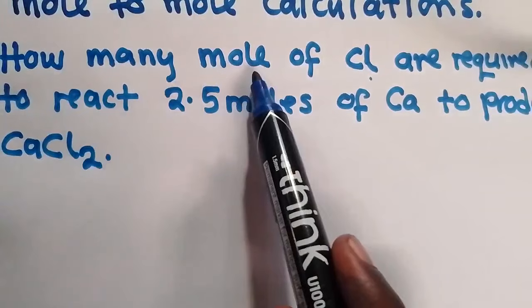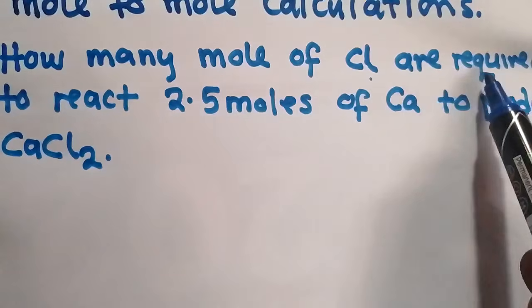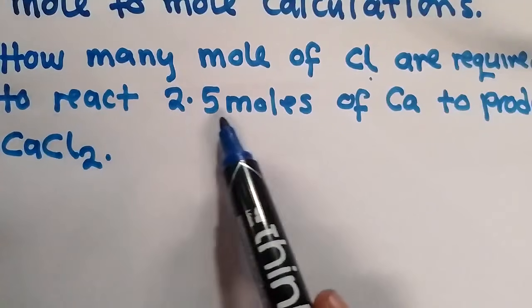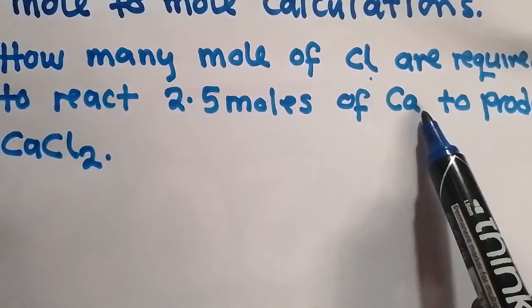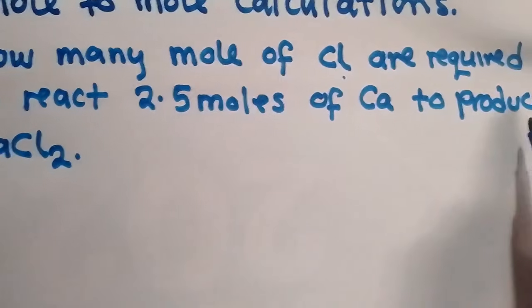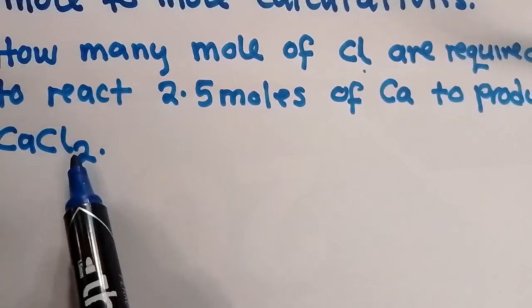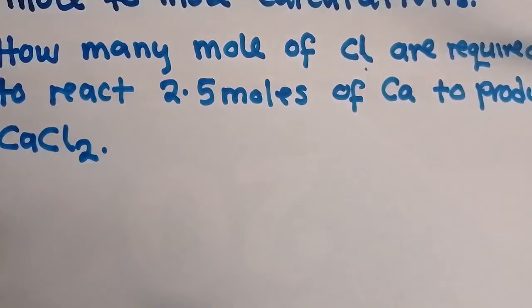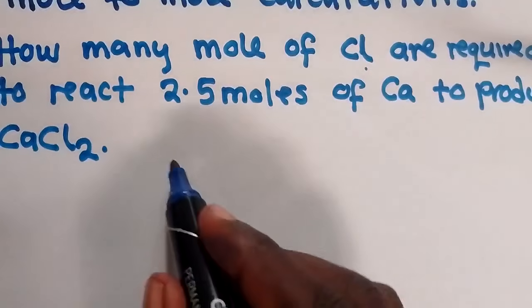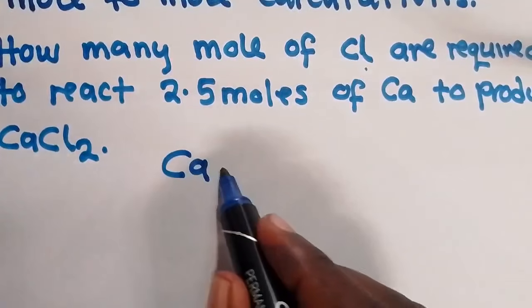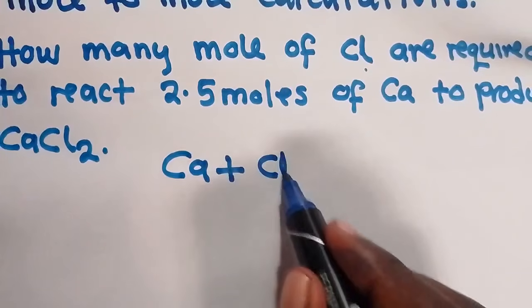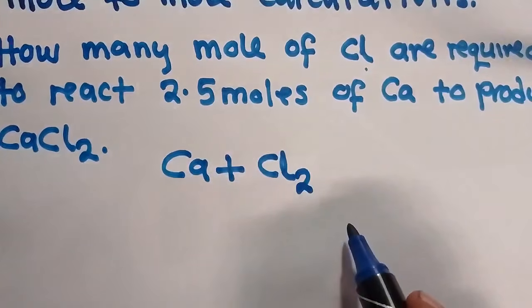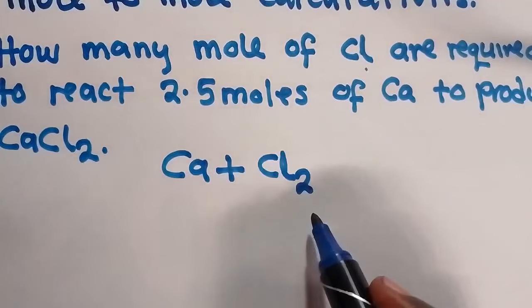How many moles of chlorine are required to react with 2.5 moles of calcium to produce calcium chloride? The first thing, as I've told you, is to write a chemical equation. Calcium is reacting with chlorine. Chlorine is a diatomic molecule, so it must have a 2 there.